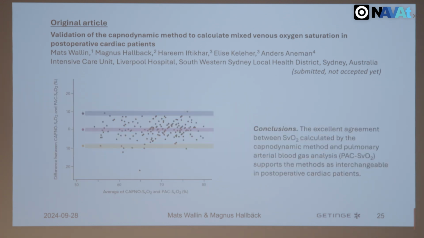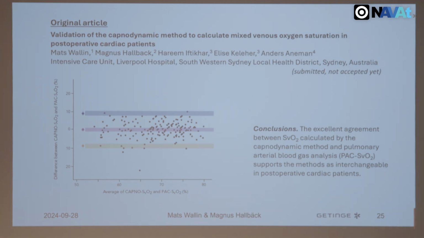So this is the Bland-Altman plot. Worth mentioning is that this outlier was related to the blood sample, likely due to air in the syringe or too small a sluice volume, because all other samples from that patient were in line with the capnodynamic measured values.